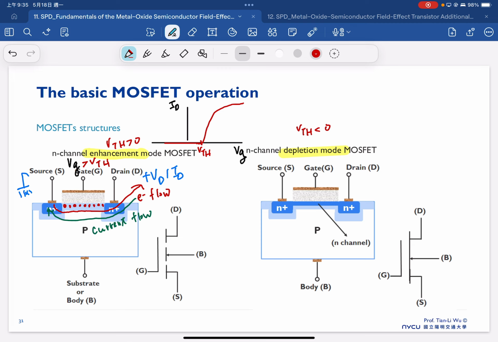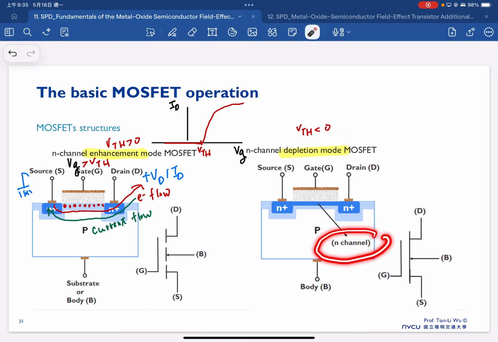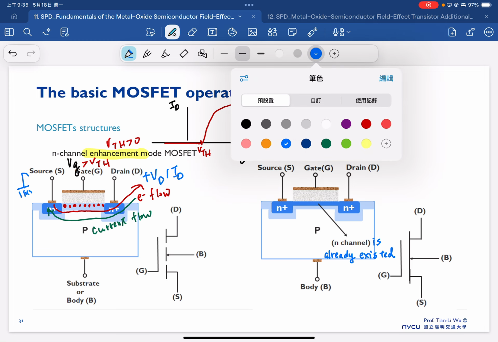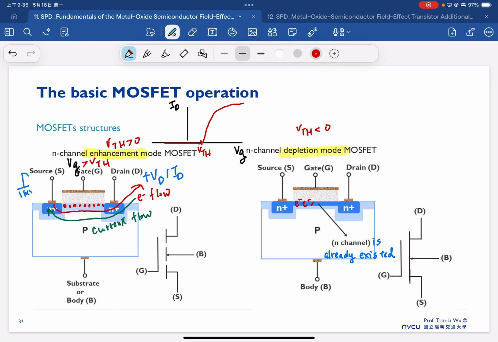The main difference between the enhancement mode and the depletion mode is that the depletion mode already has the N-channel. The N-channel already exists.